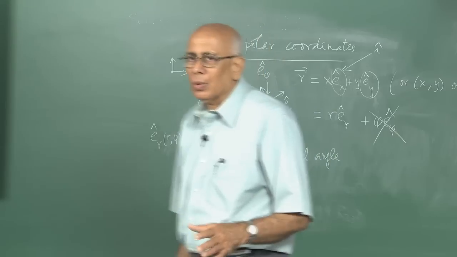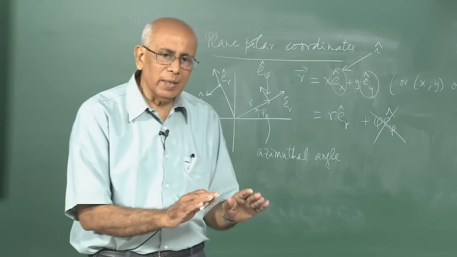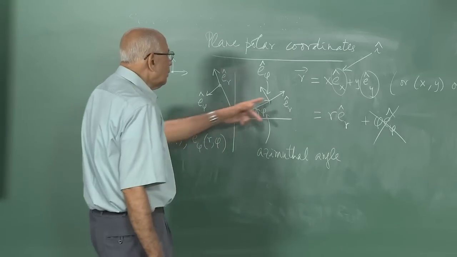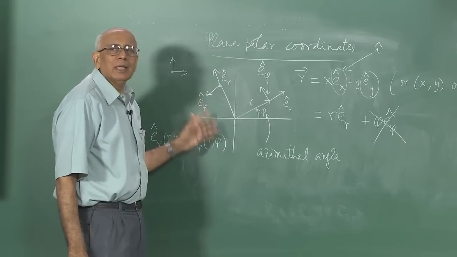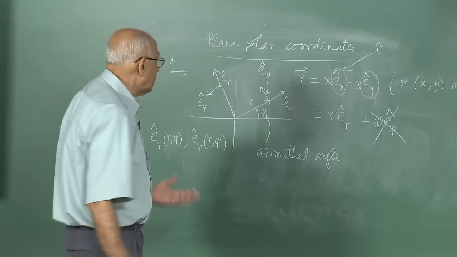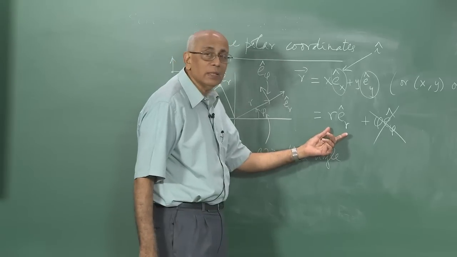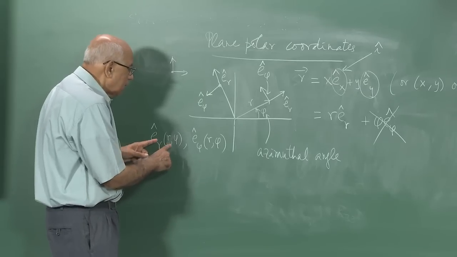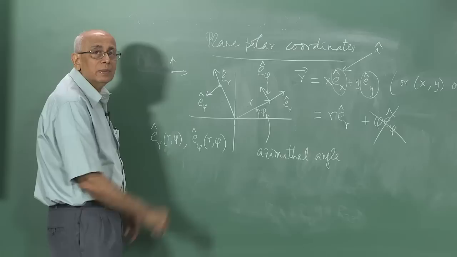Except for the Cartesian coordinate systems in any dimensional Euclidean space, all the other coordinate systems will have unit vectors which are position dependent, which has of course advantages as well as disadvantages. The advantage here is I can write it down very simply in this fashion, but the disadvantage immediately is that this is position dependent.